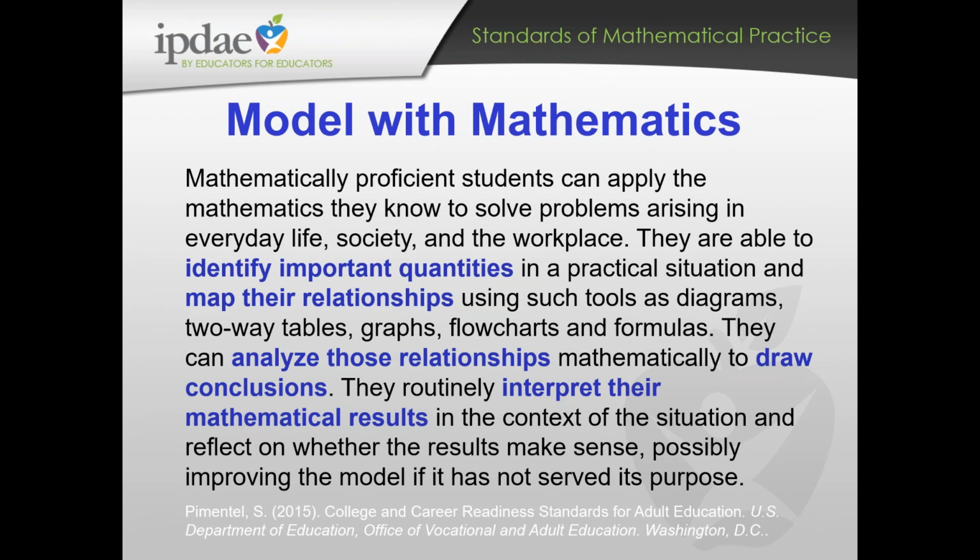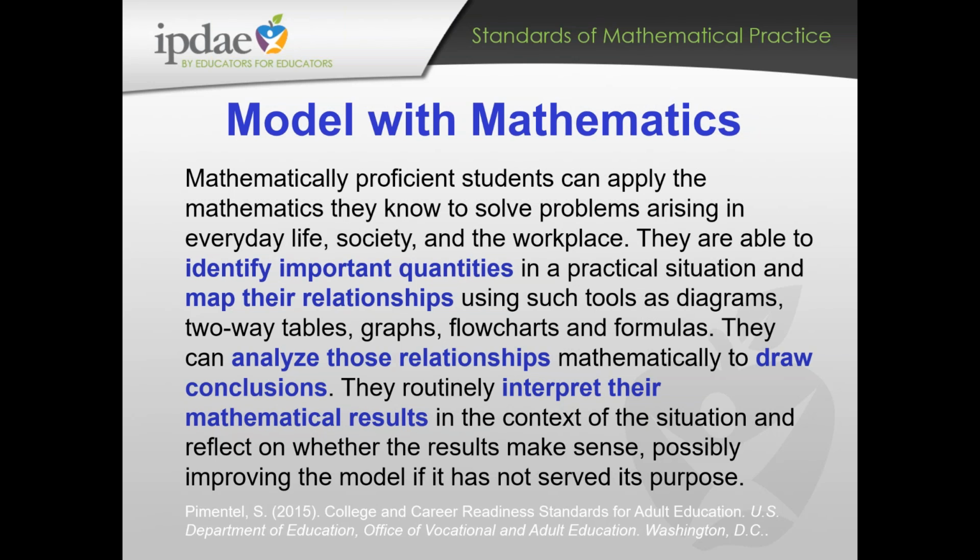Then, once they've identified those quantities, they must be able to map those quantities or establish associations with them. In establishing those associations, they need to analyze exactly the relationship between two different quantities in order to draw a conclusion, which is usually the final answer to any ABE GED question that involves fractions.